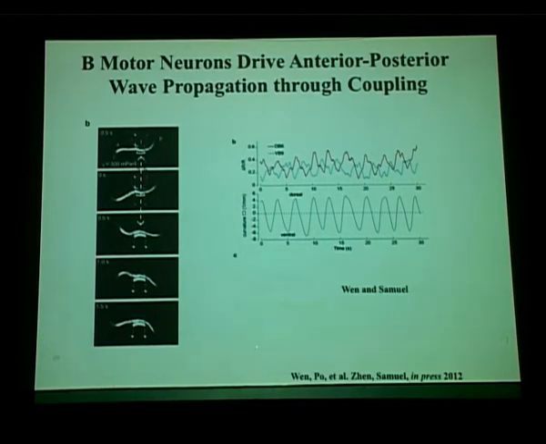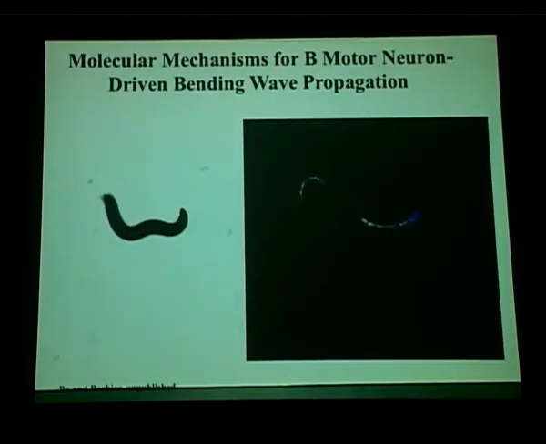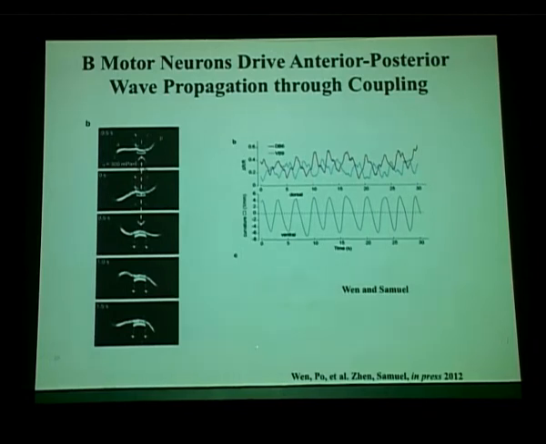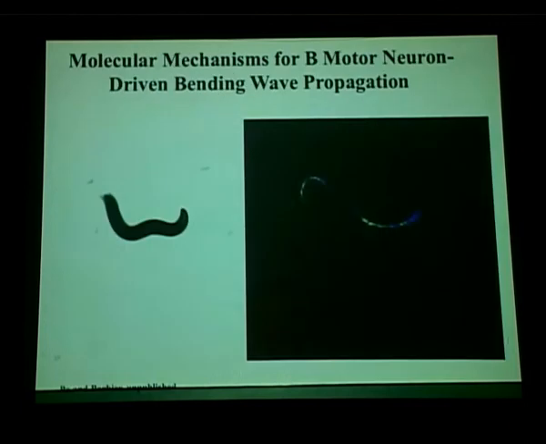They also did a nice temporal expression study and found that activation of the VB class is always slightly ahead of the DB class. So with this and other experiments, we got the idea that the B motor neurons themselves can organize a wave propagation from anterior to posterior by acting as mechanical sensors, immediately sensing the bending curvature of the body anterior to them, and then activating those neurons, and that basically drives this propagation.